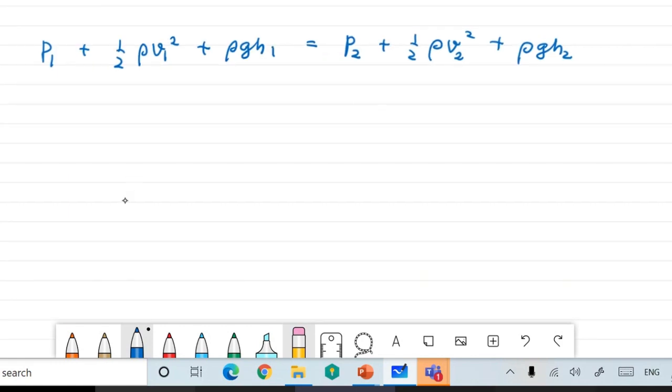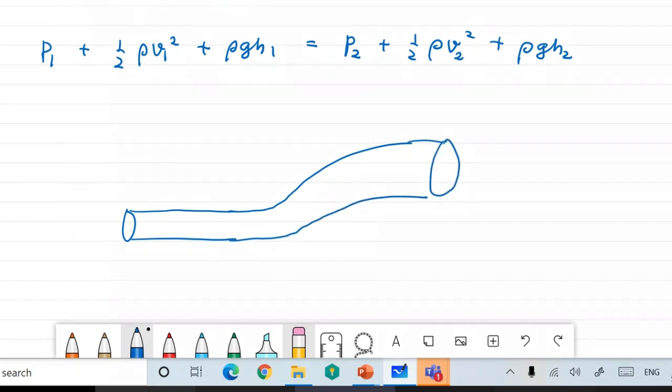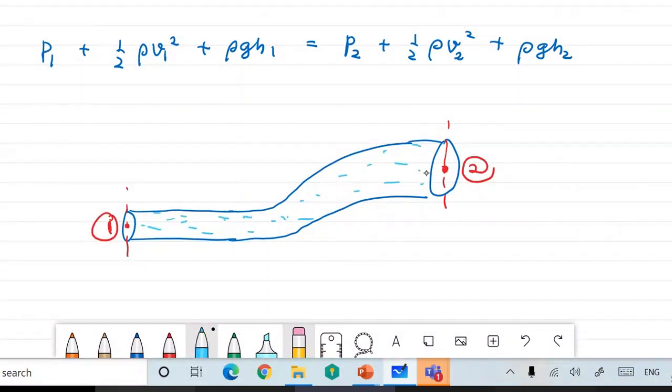Okay, for example, if I have a pipe and the fluid is moving in this direction, point 1 is here and this is point 2. We are assuming that the fluid is an ideal fluid, so the density at point 1 is the same as the density at point 2. So rho is a constant. The speed at point 1 is V1. The speed at point 2 is V2.